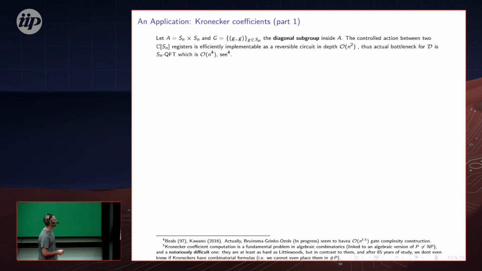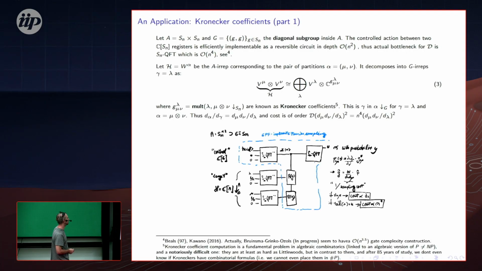The ambient group is two Sn registers, and the subgroup is also an Sn register, so essentially the control action can be implemented as a reversible circuit in depth order n squared. This is a claim, but it's not hard to see how you do it. The actual bottleneck is the SnQFT, which is polynomial in order n to the 4.